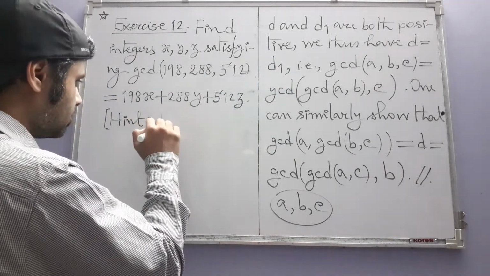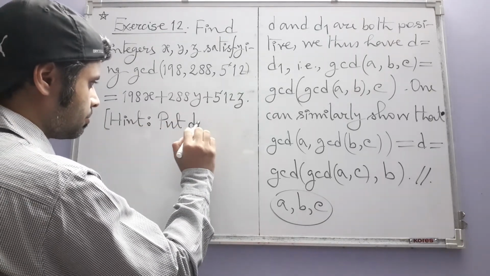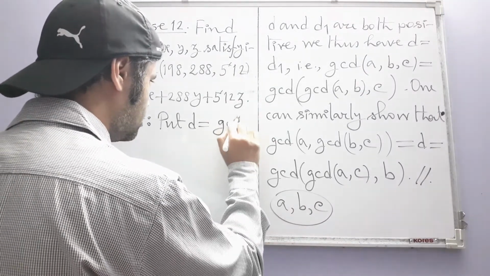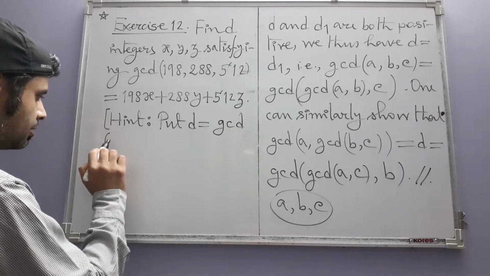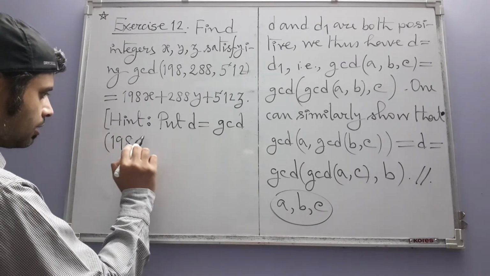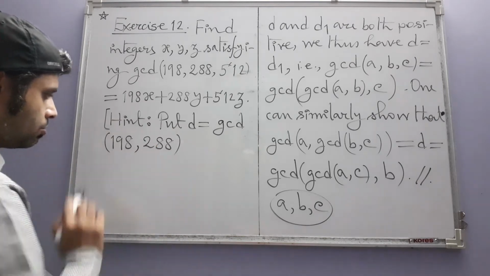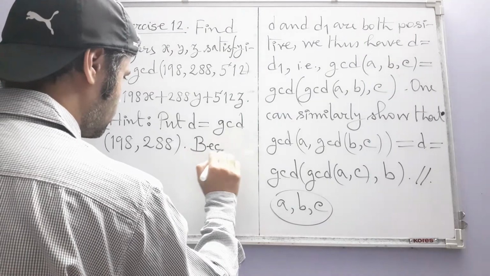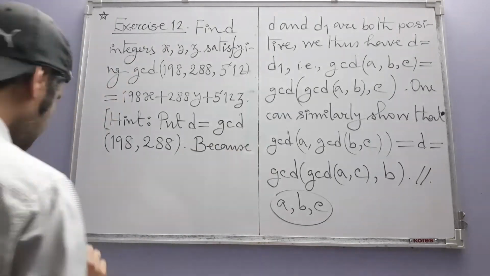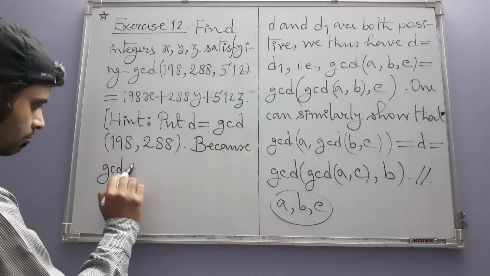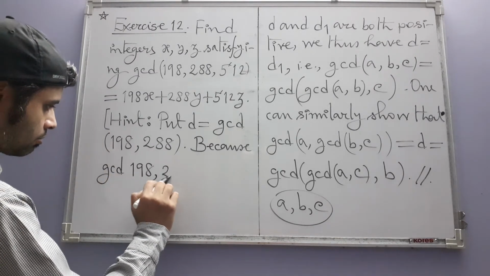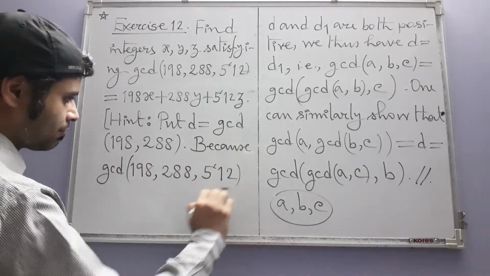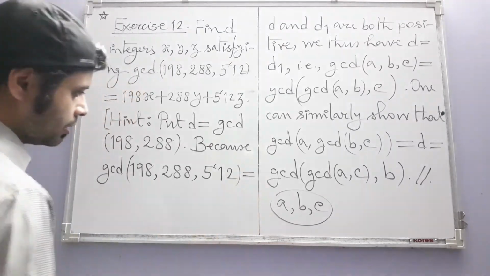However, the hint given here is this: put D equal to the GCD of 198 and 288. Because, in 500, the number 512 seems familiar.